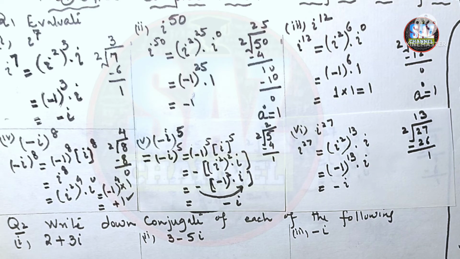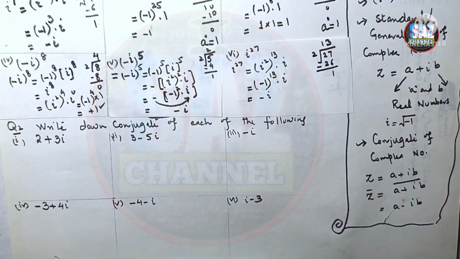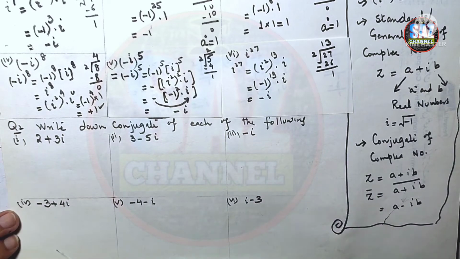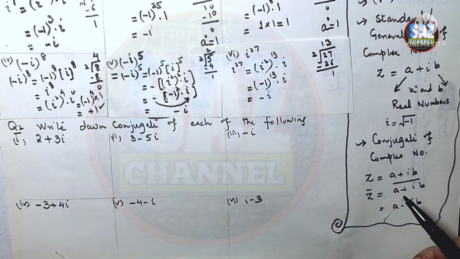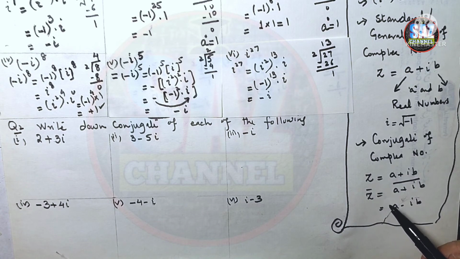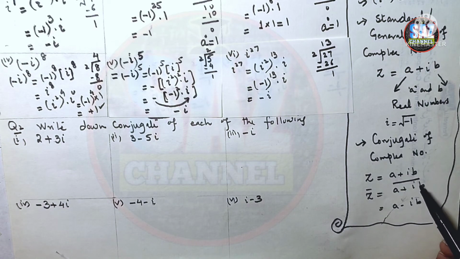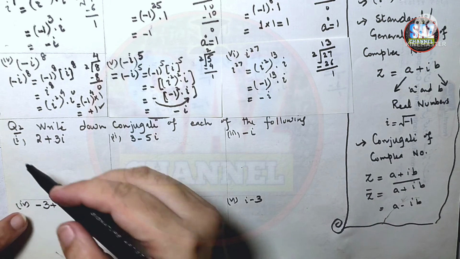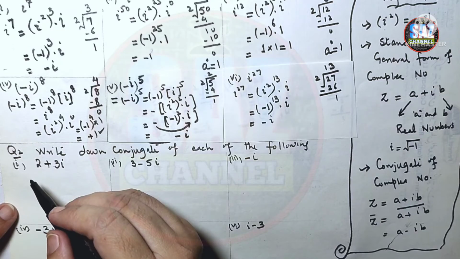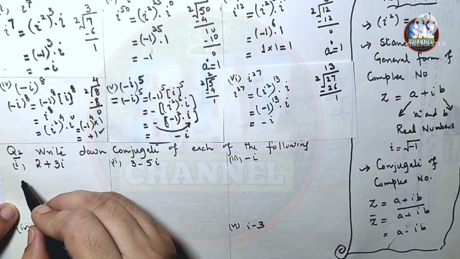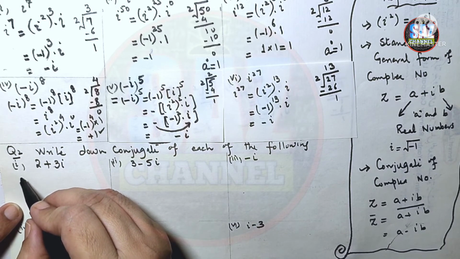And moving to the question number 2, that says write down the conjugate of the following numbers. Okay, so we know that in order to take the conjugate, we have to change the sign of the imaginary part of your given complex number. It's better to name the complex number if it is not marked in the question.